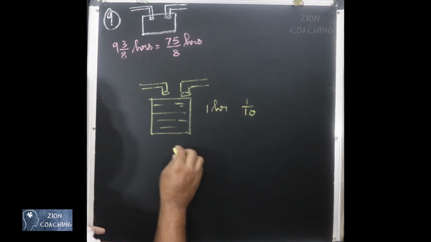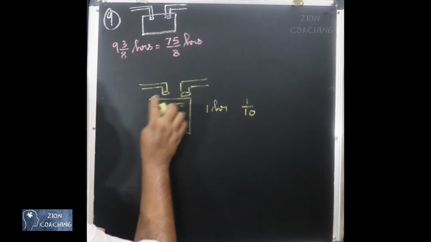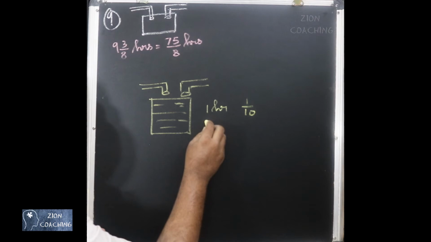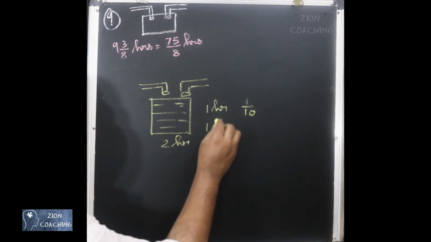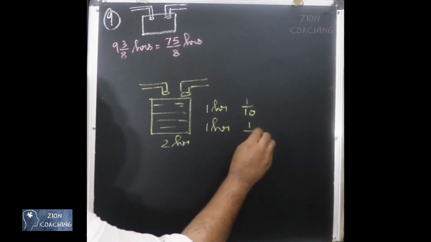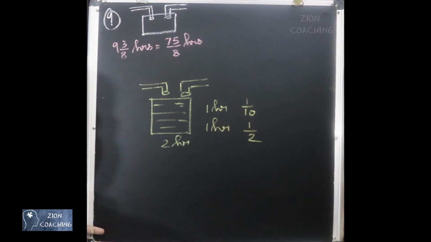Suppose both the taps together take 2 hours to fill the tank, then in 1 hour they would have filled half of the tank, that is 1 by 2.